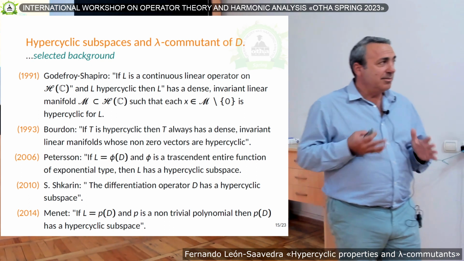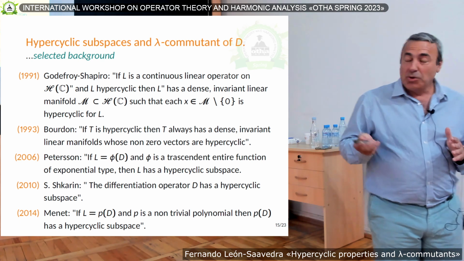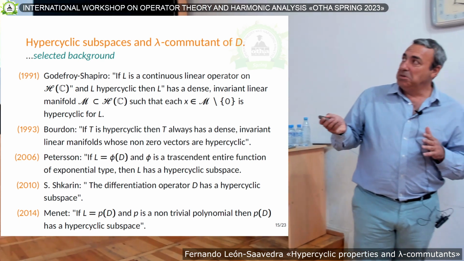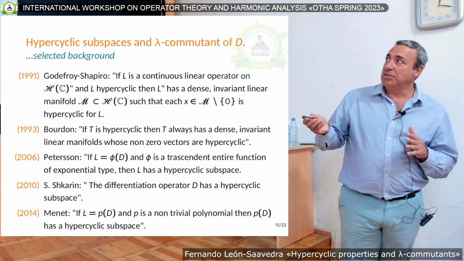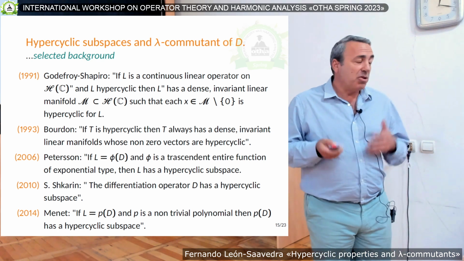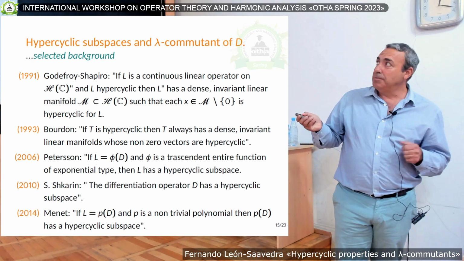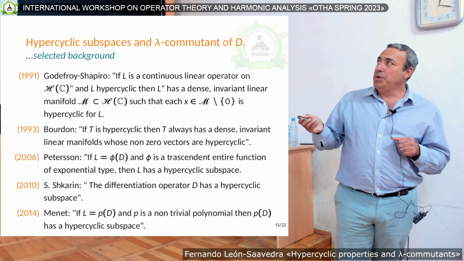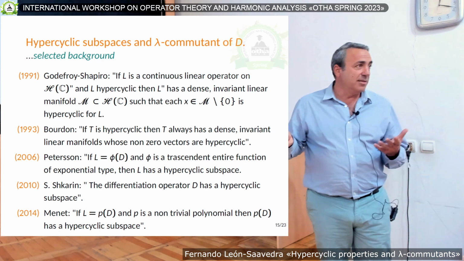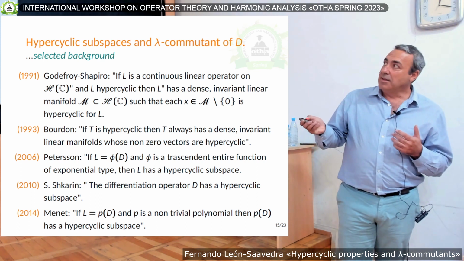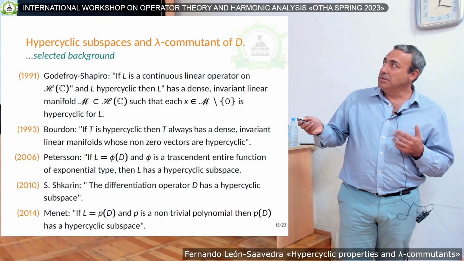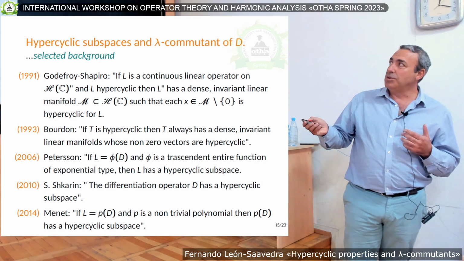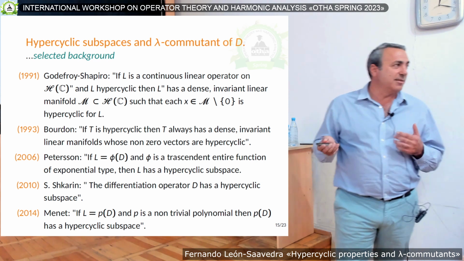But some years later, Godefroy and Shapiro, on the space of entire functions, found more natural examples with the property of Bossamy, having a dense invariant manifold whose non-zero elements are hypercyclic.